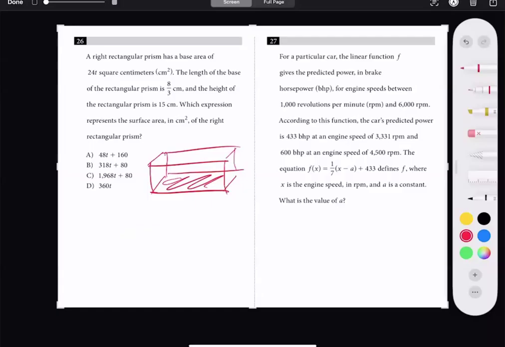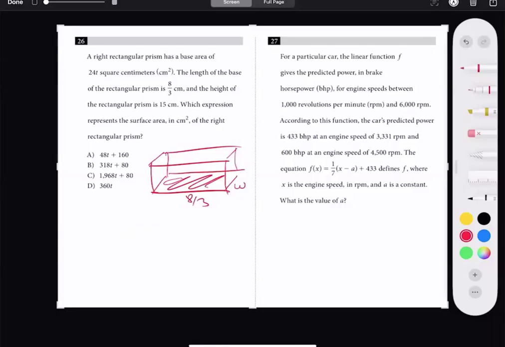The length of the base is 8/3. So 8 over 3 times the width is 24t. So the width is 24t times 3 divided by 8, so it is 9t. Do you agree? Yes. The width is 9t.